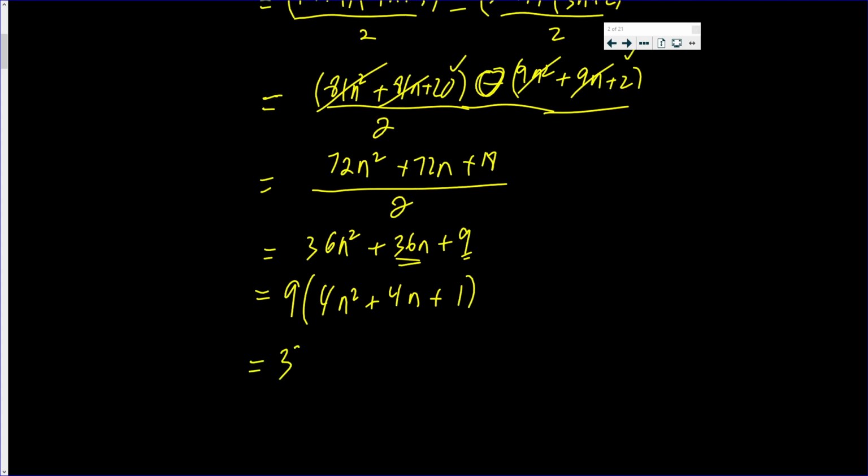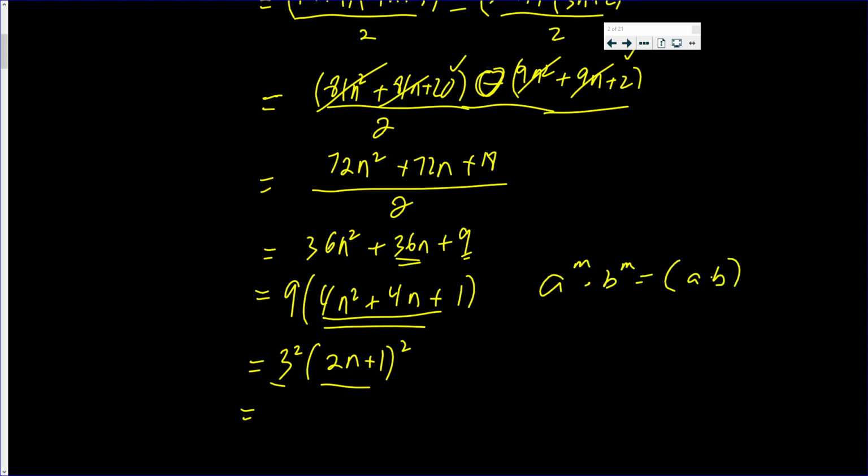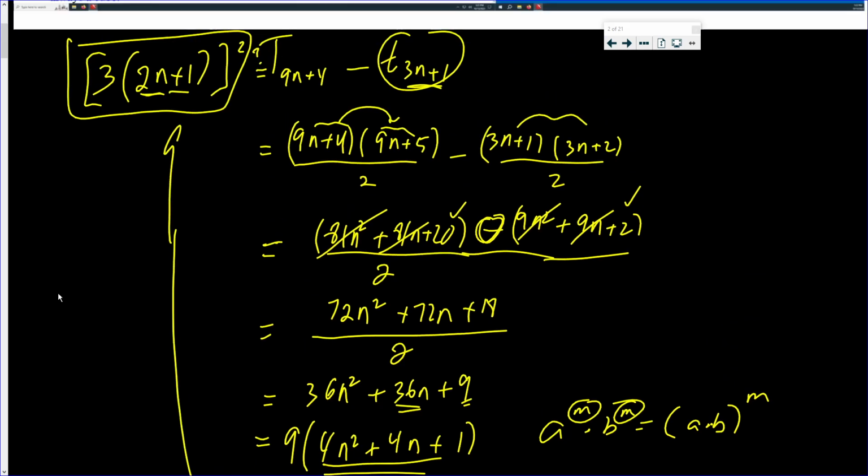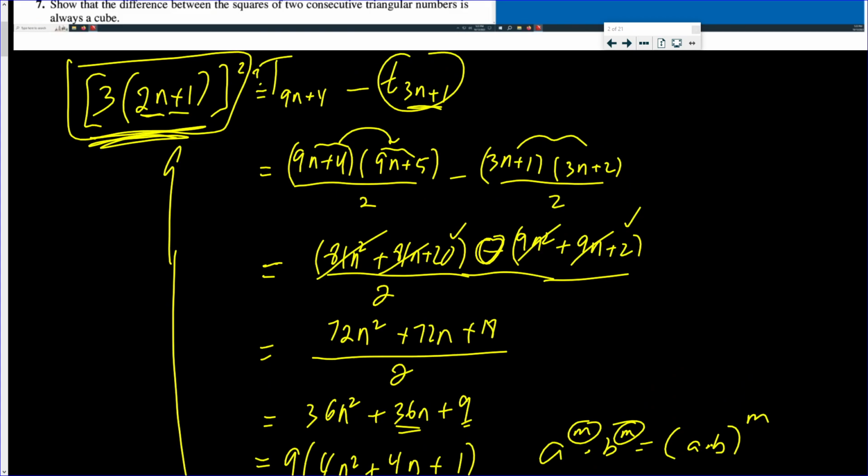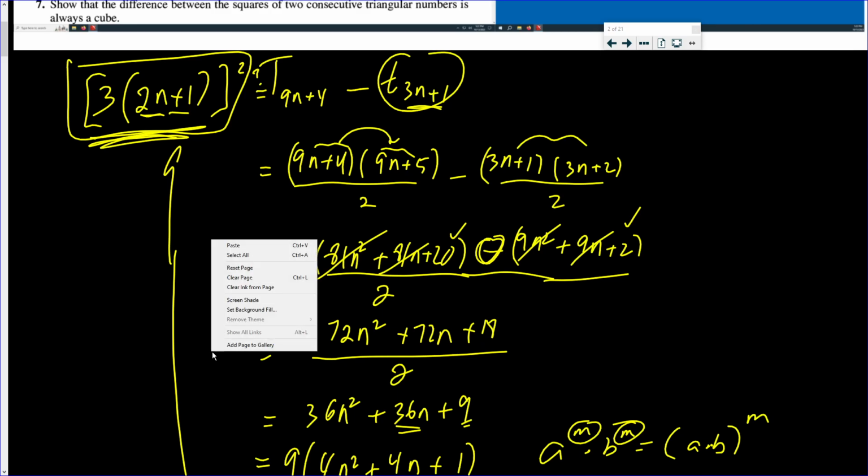Well, the 9 is 3 squared, and this is 2n plus 1 squared. We have a rule: a to the m times b to the m, you can multiply the bases first and then raise it to the mth power, as long as those powers are the same. So we have 3 times 2n plus 1, all to the second power. But if you look, that's exactly what we're supposed to get. An odd multiple of 3 all squared.